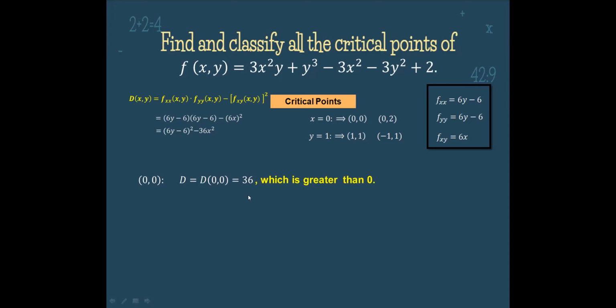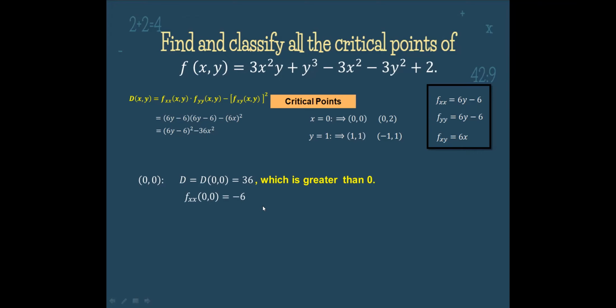So if it is greater than 0, we need to evaluate the second order partial derivative of f with respect to x, which is actually located in the upper right-hand corner. So we will replace y by 0. 6 times 0 is 0, and 0 minus 6 is negative 6.